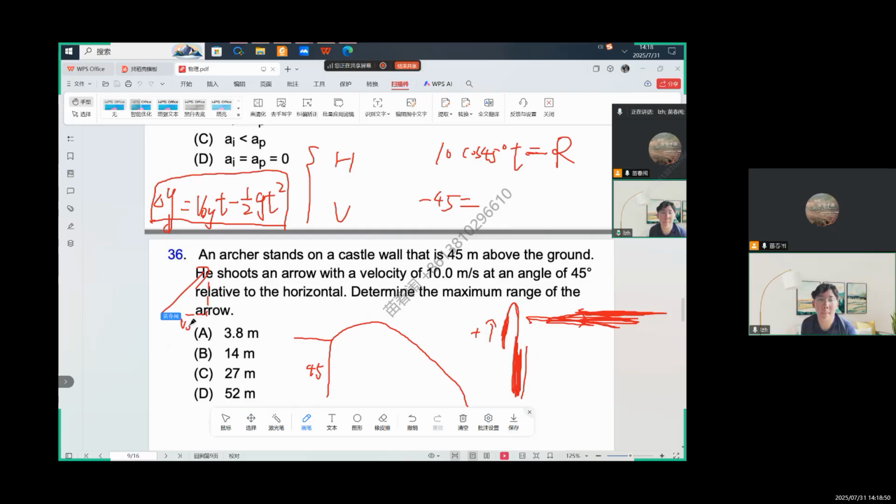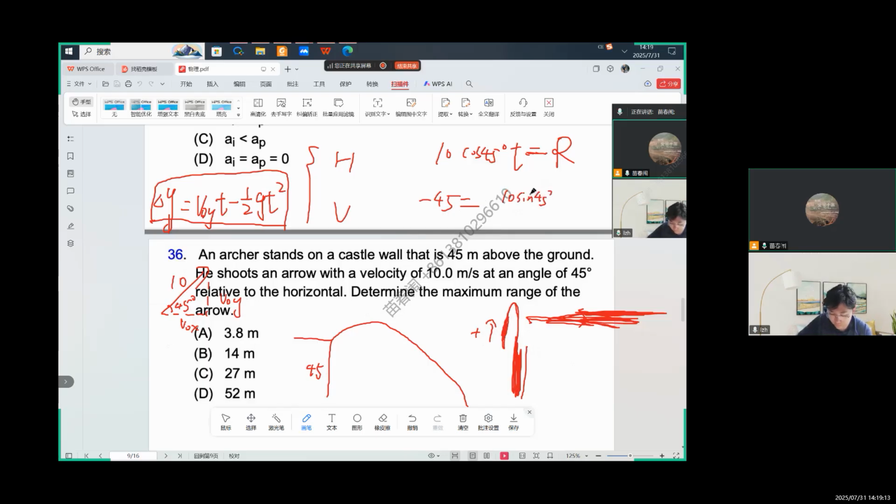What's v0y? The angle is 45 degrees. So v0y is 10 sine 45, right?